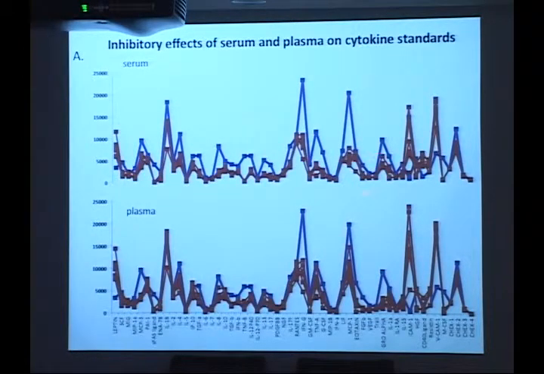But you can see that's true for serum, and it's also true for plasma. These are different individuals spiked in with the same concentration of standard, showing that the signal is reduced. So what does it tell us? What it tells us is actually that we're underestimating.